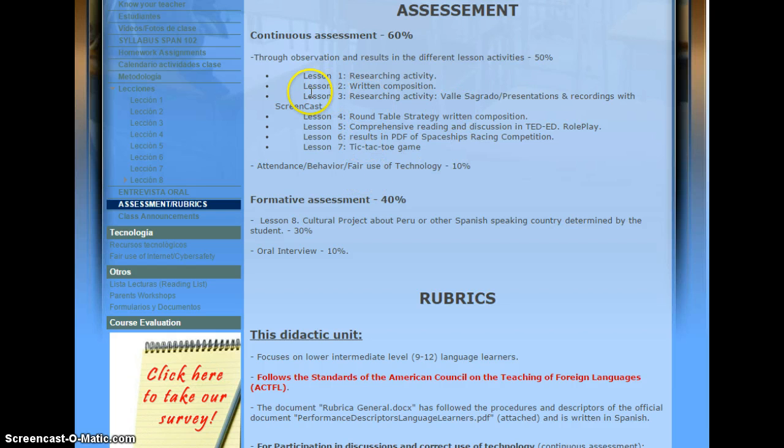So that's why I'm doing it through observation and results in the different lesson activities, like 50%, but also it's very important the attendance, behavior, and fair use of technology. The formative assessment, with consolidation activities like the oral interview and the cultural project, I will value that.